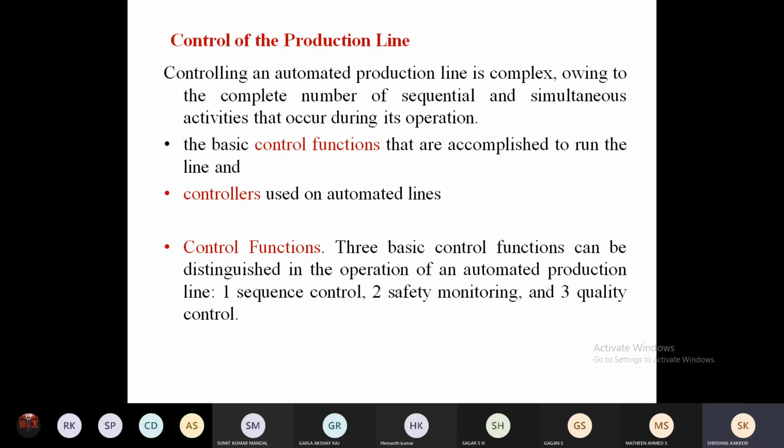Their elements, and mathematical models and metrics, that means production rate, production quantity, utilization, availability, manufacturing lead time, work in process (WIP), and some numerical problems I have discussed. Under automated production lines and assembly systems, I discussed the fundamentals, system configuration and applications, automated flow lines, buffer storage, and control of production lines.